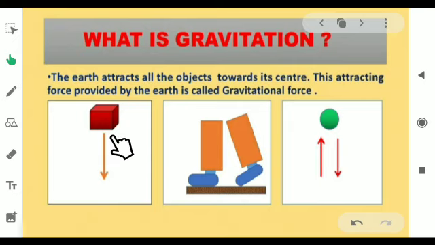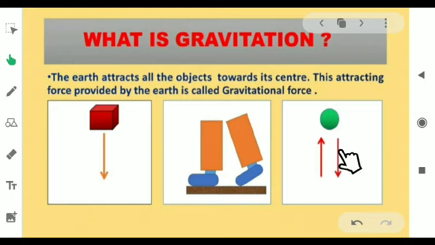In the first case, you can see that a body is being released from a certain height. This body is coming down, moving towards the earth, because the earth is attracting this body. In the second case, a person is walking, and here the friction force and the gravitational force help the person to walk in either direction.